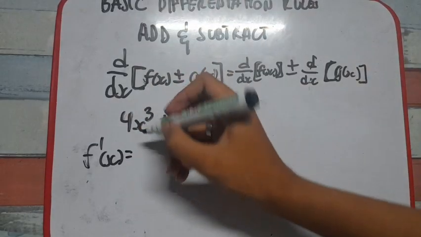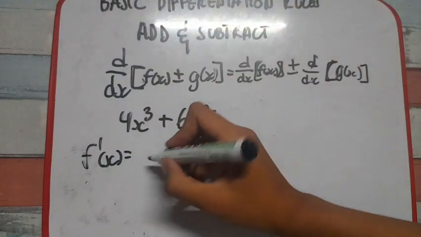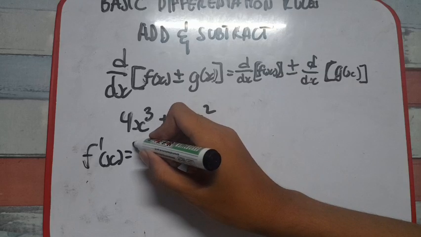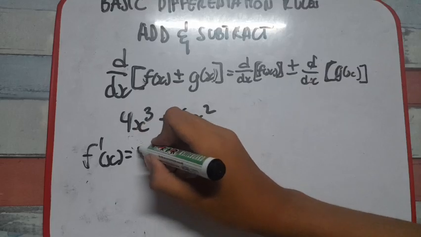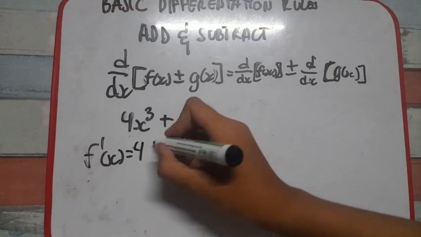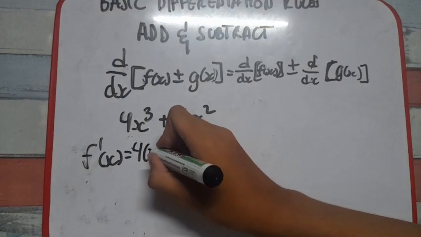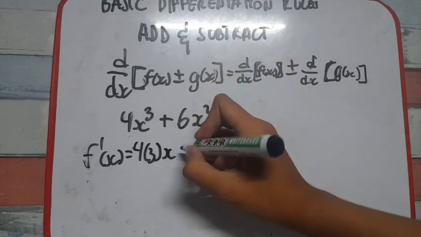The derivative of 4x cubed, just like what we learned earlier in the constant multiple and power rule: we leave the 4 there, bring down the 3, copy the x, and subtract 1 from the 3.